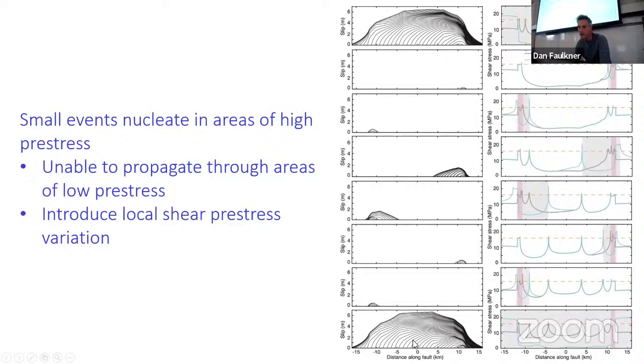So this big event is able to propagate right the way across this model. It's a model spanning event. This is the pre-stress shown in grey, and then the final stress after the earthquake has happened is this very, very low shear stress level at the base here.